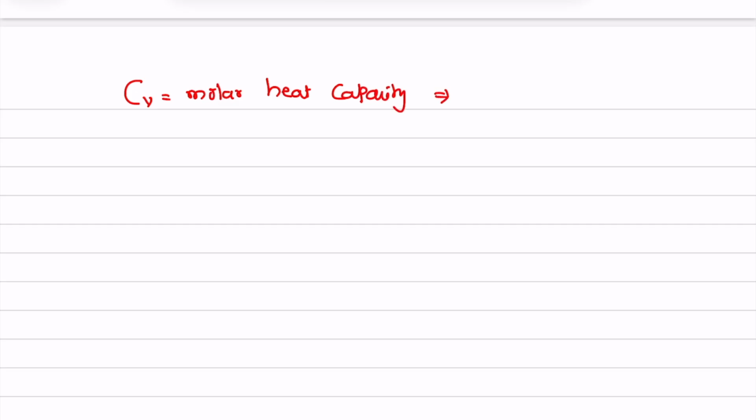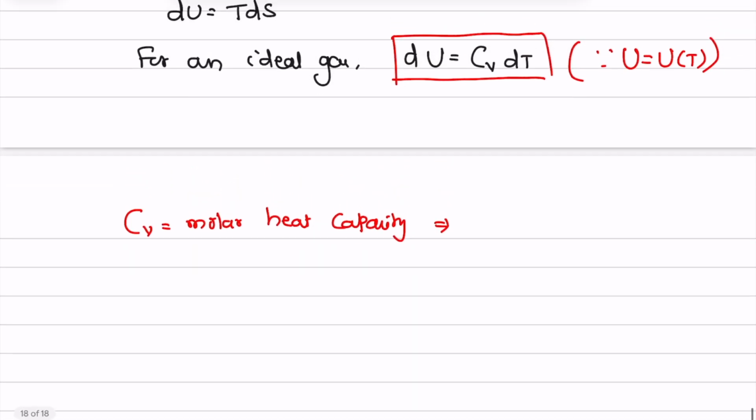It implies dU is nothing but delta Q at constant volume.